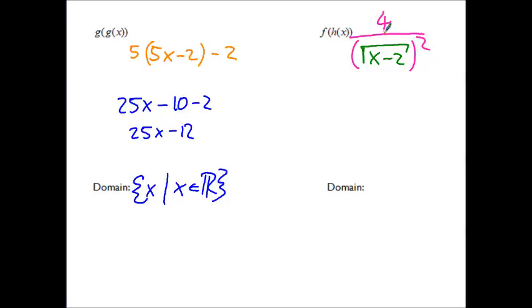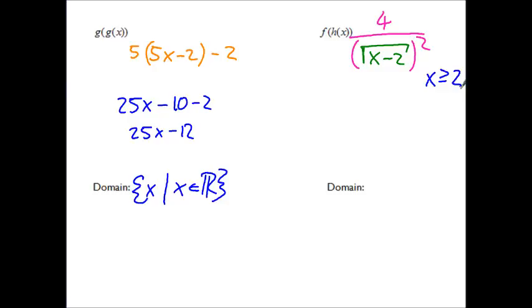Since we're talking about domain and graphing here, we cannot have a negative number under the radical, because we would end up with a complex number that can't be graphed. So first off, x has to be a number which is greater than or equal to 2. Alright, that's good to know.